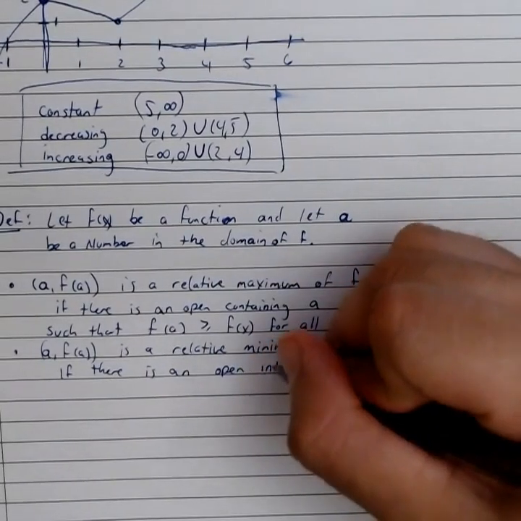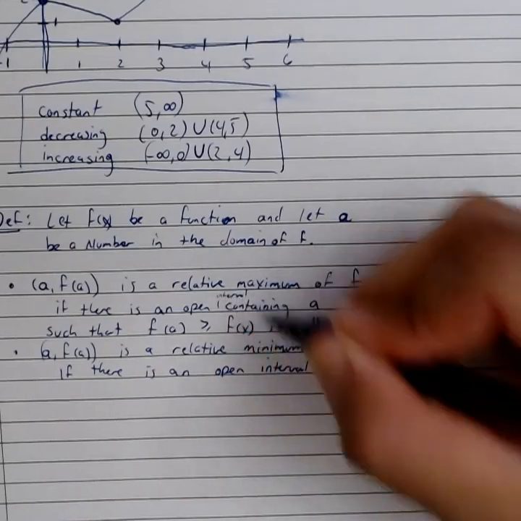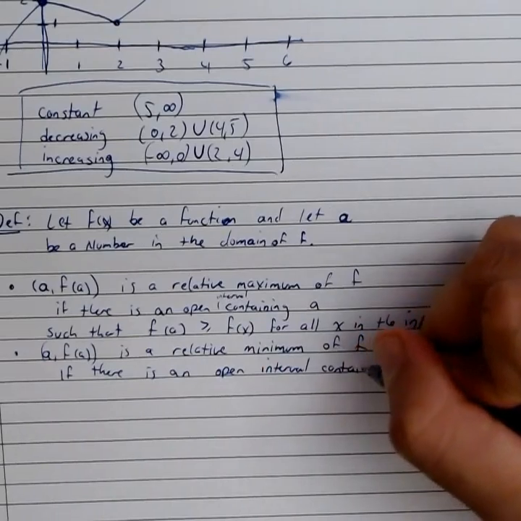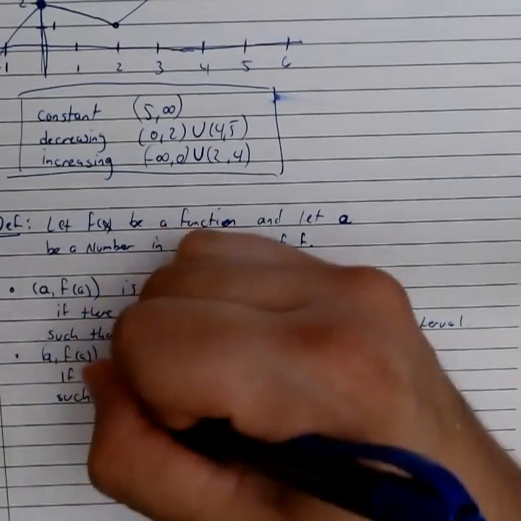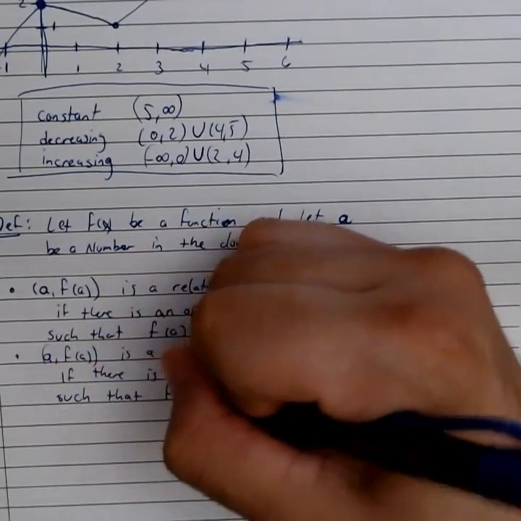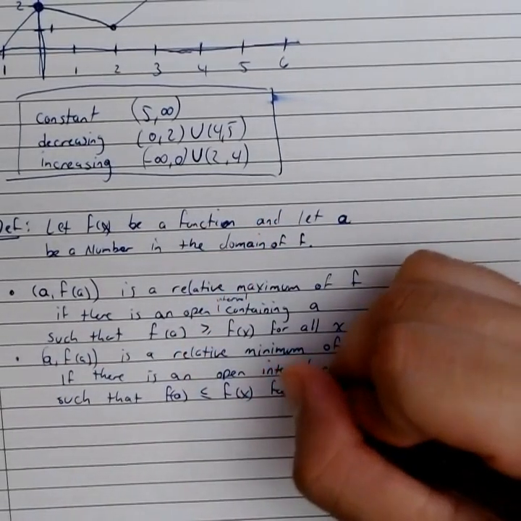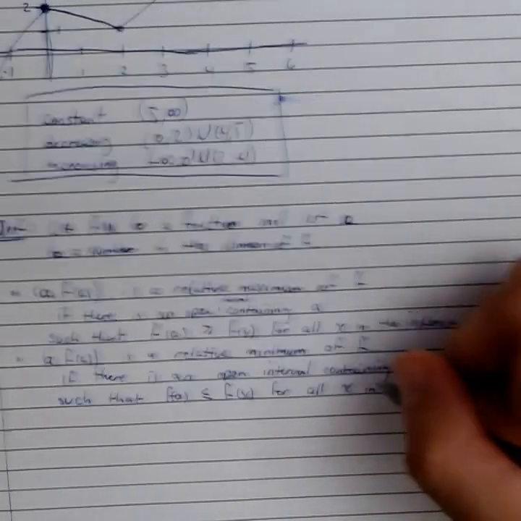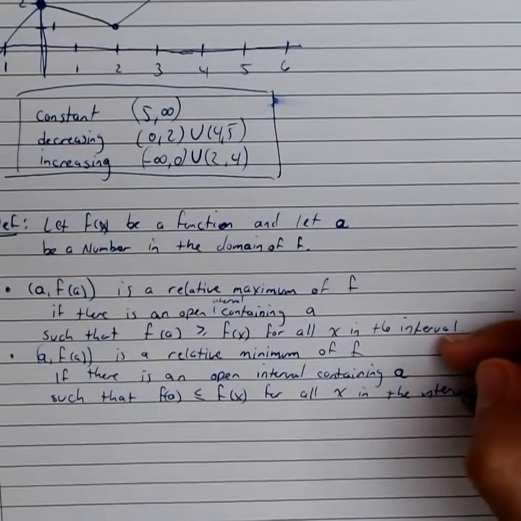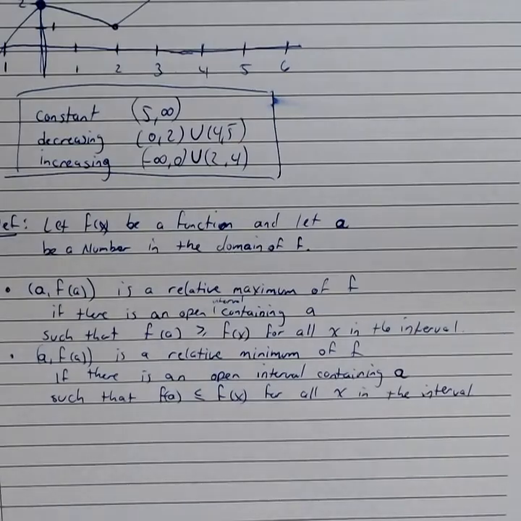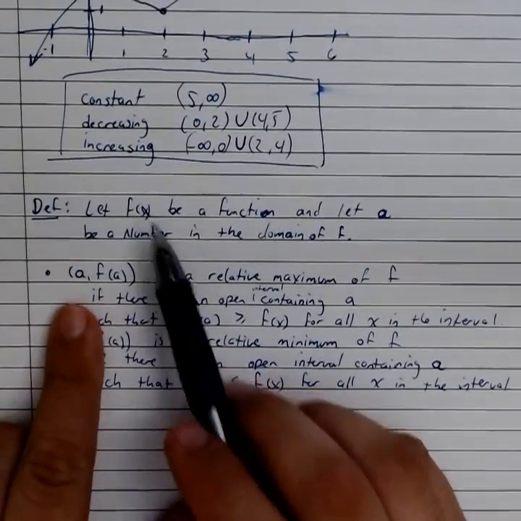Is an open interval containing the number A such that f at A is less than or equal to f at x for all x in the interval. Just like that.